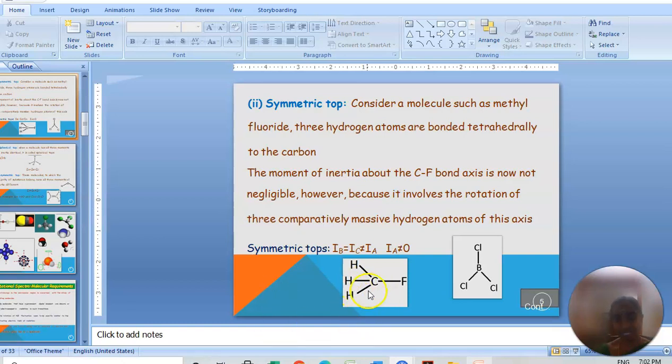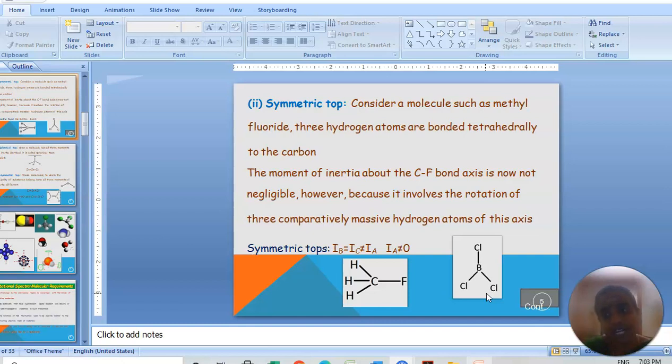We can see here C single bond H, single bond F. This is called a symmetric top.